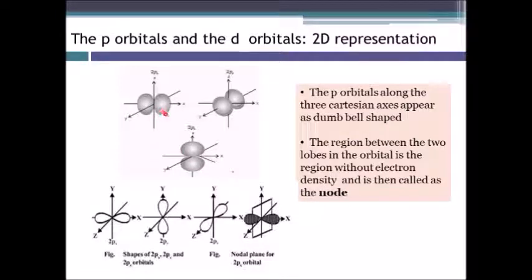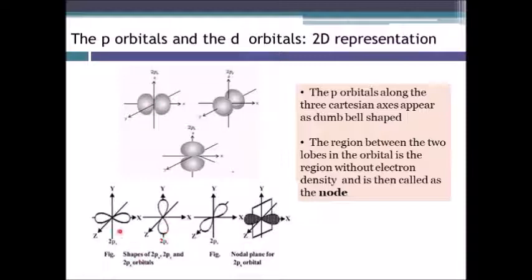What can we say about their shapes? They are dumbbell in shape. The region between these two lobes is again called the nodal region because there is no probability of finding an electron in this region between the two lobes of the dumbbell.